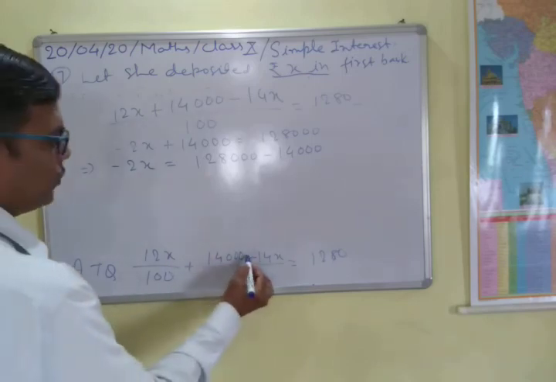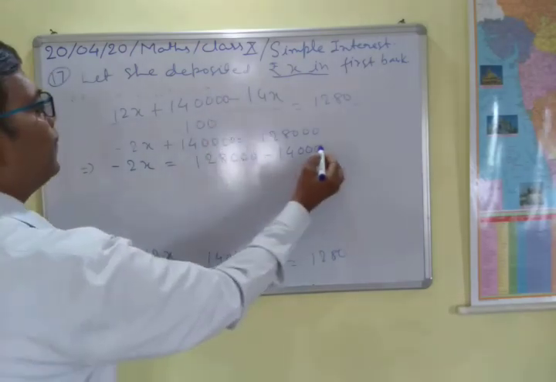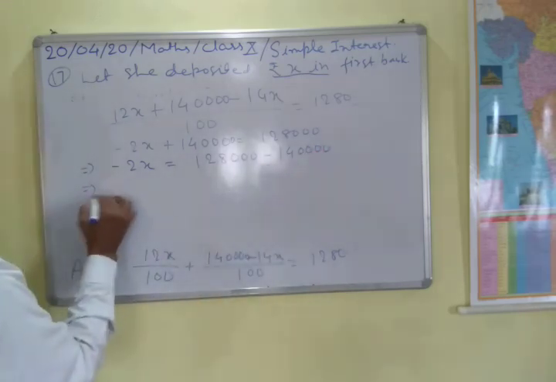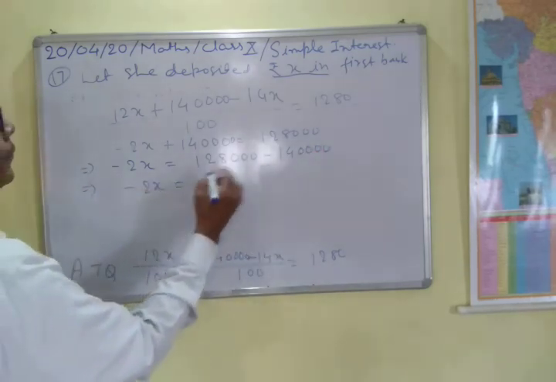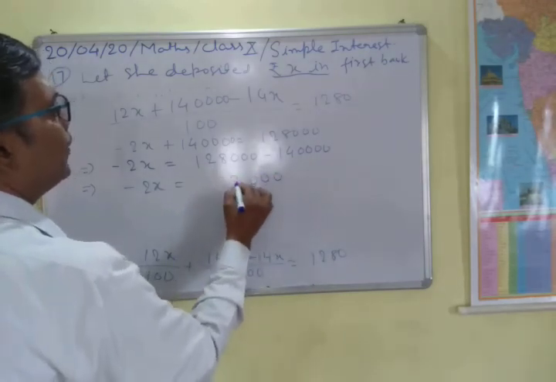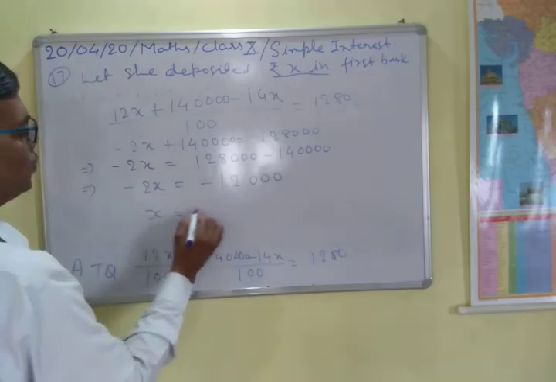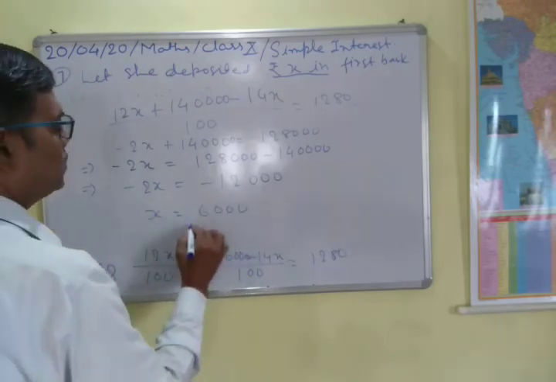Here actually it is one more zero here. Now this will be equal to 0, 0, 0, and thus X equal to 6,000 rupees.